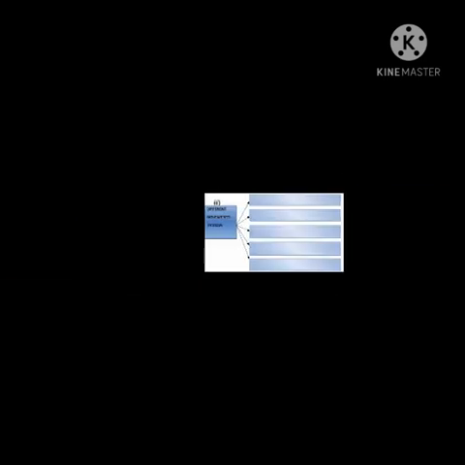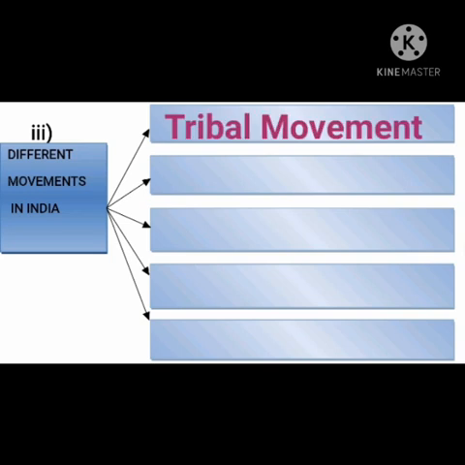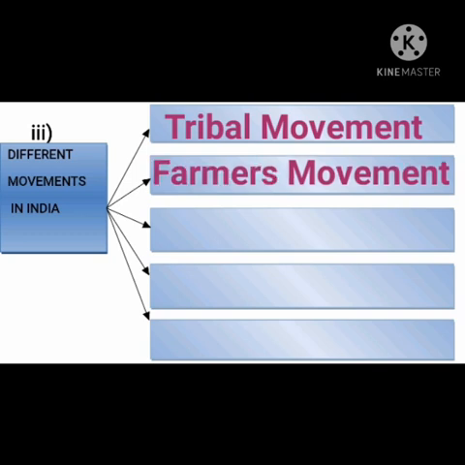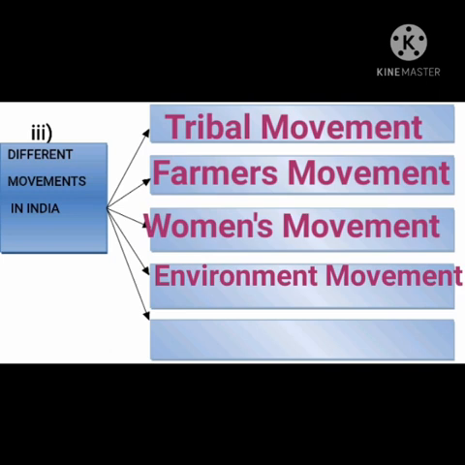Now read the third question, different movements in India. Here we have to write what different movements took place in India. We have already learned so many movements, and only those we have to write down here. Write down the first box, tribal movement. Second one, farmers movement. Third one, women's movement. Fourth one, environment movement.